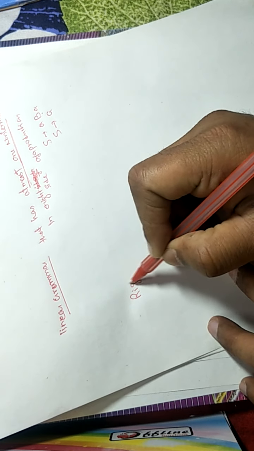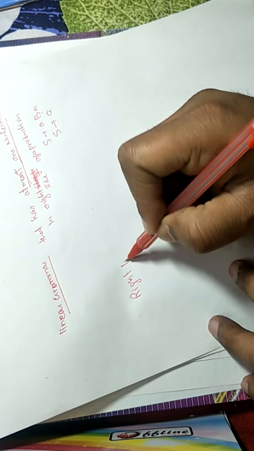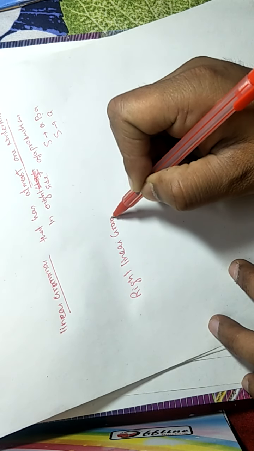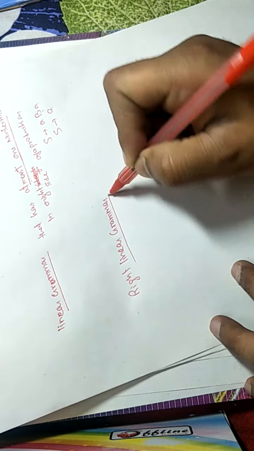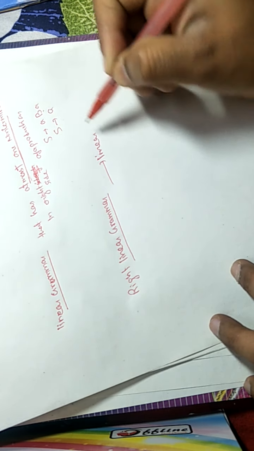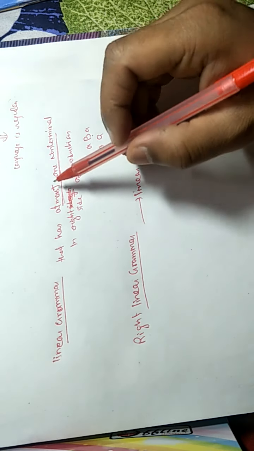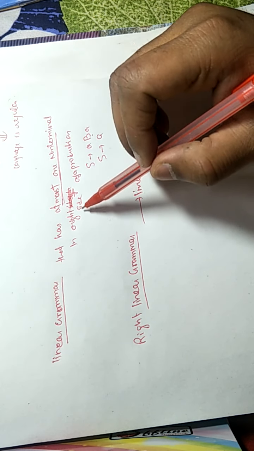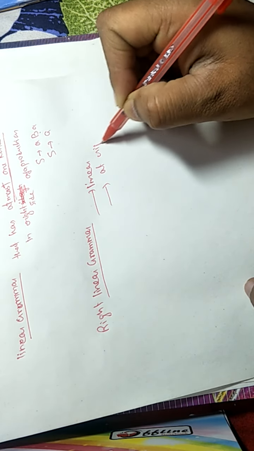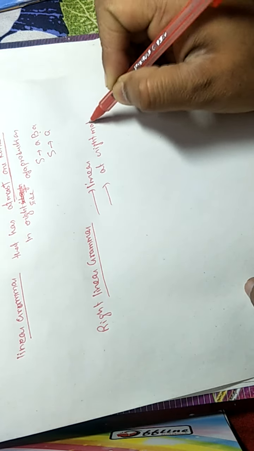What is right linear grammar? Right linear grammar is linear. It means that there is only one or zero non-terminal in the right side of a production, and that is at the rightmost position.